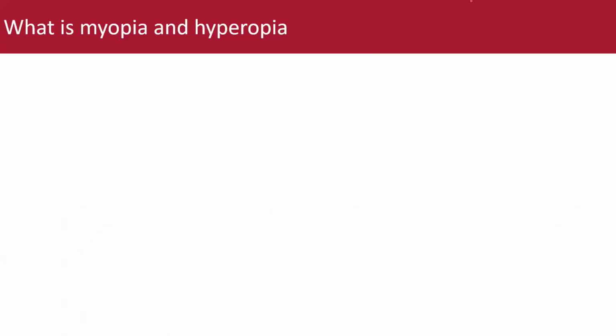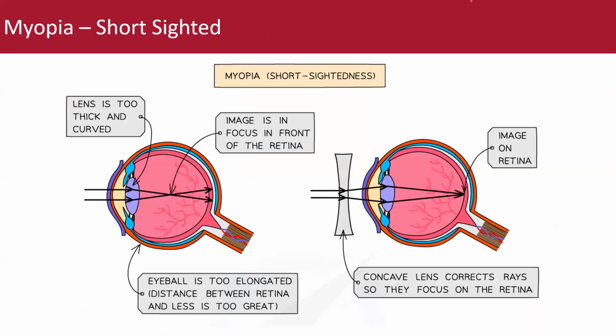Myopia and hyperopia. The main thing you've got to remember is what myopia means and what sort of lens you're going to have. Myopia is short-sighted, which means the lens is too thick and the image is focused in front of the retina. That's when you have those whopping great big thick lenses.